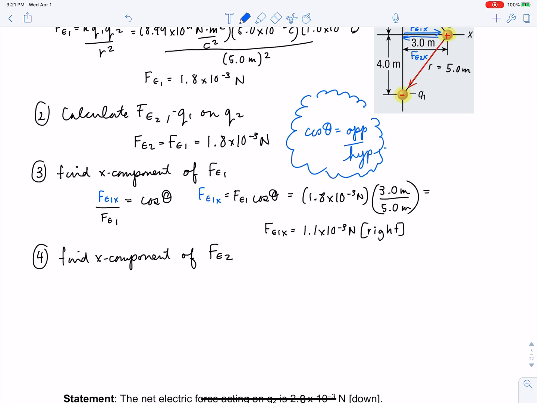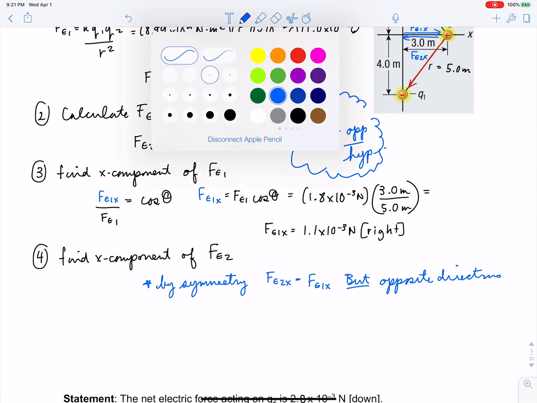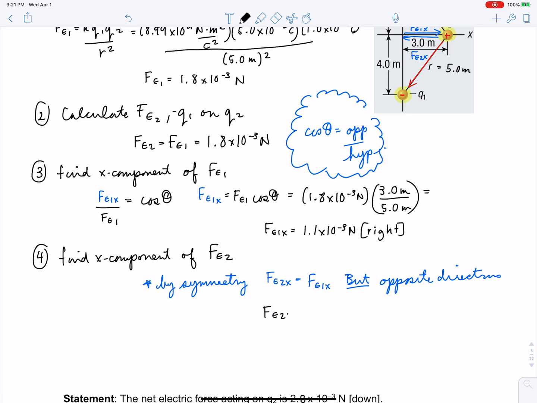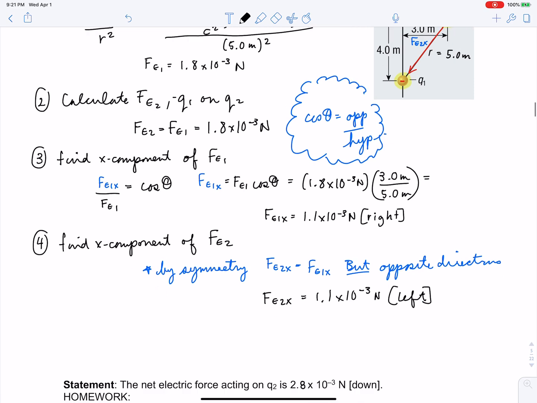So we can state by symmetry, Fe2x equals Fe1x, but opposite directions. So Fe2x is 1.1 times 10 to the power of negative 3 newtons. This time, left.